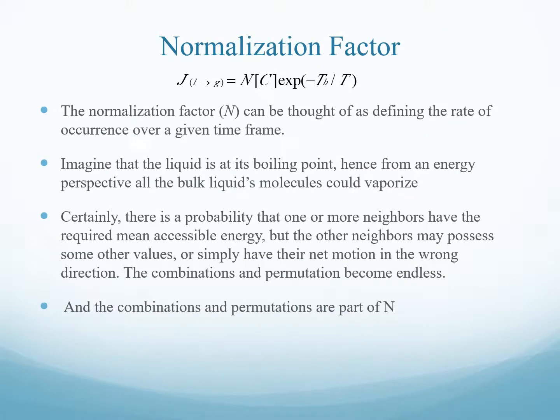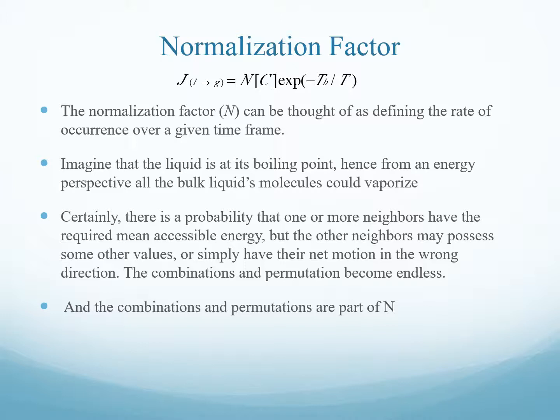Let's discuss the normalization factor for a second. Now we've got the proper equation up there in terms of boiling temperature over temperature for the vaporization rate. The normalization factor N can be thought of as defining the rate of occurrence over a given time frame. Imagine the liquid is at its boiling point. Hence, from an energy perspective, all the bulk liquid's molecules could vaporize.